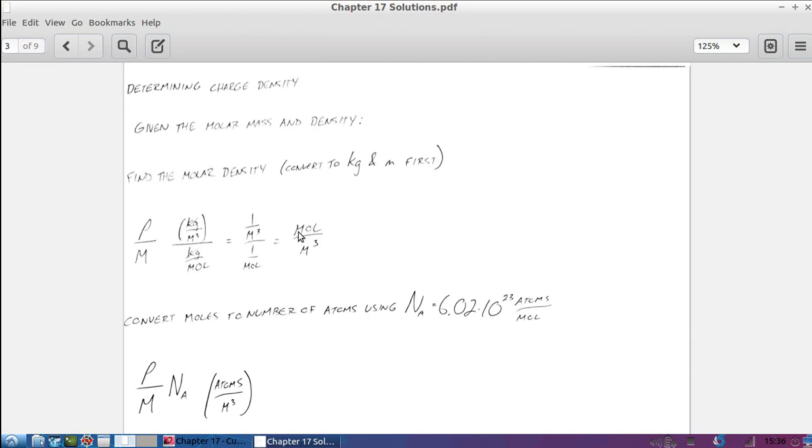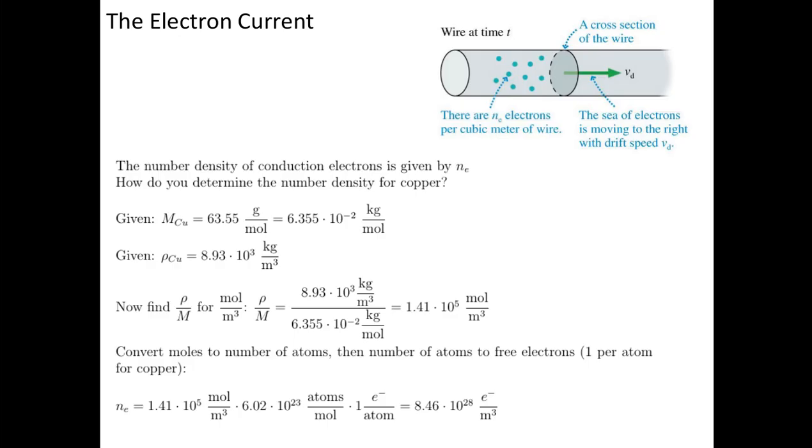So the first thing I want to do is find the molar density, and that's the density over the molar mass. For copper, when I plug these values in, I get 1.4 times 10 to the 5 moles per cubic meter. So that's my first step: given the density and the molar mass, calculate the molar density.